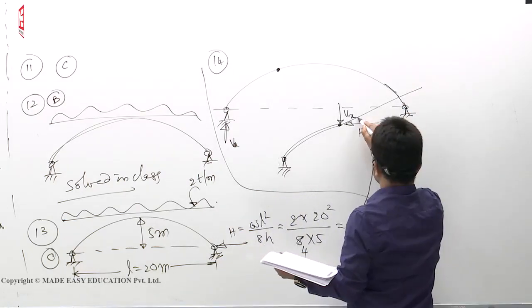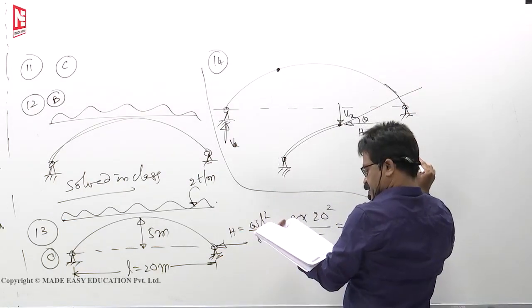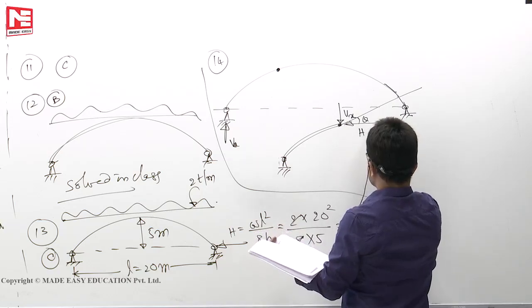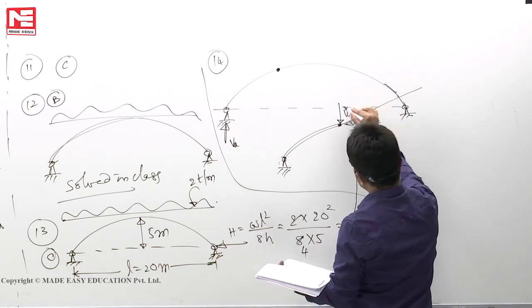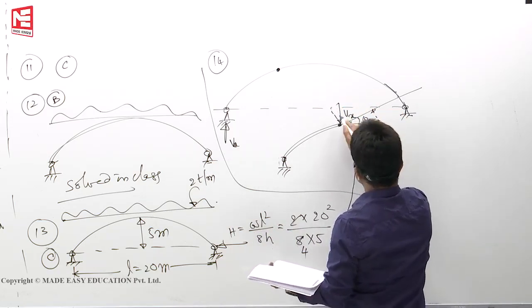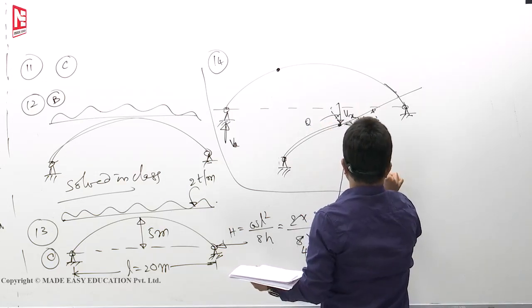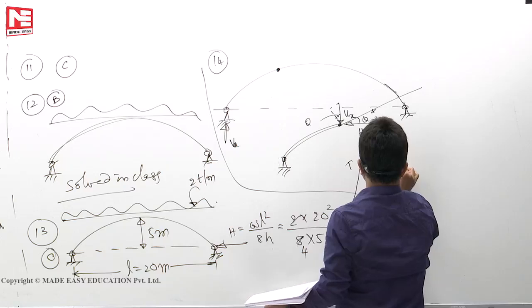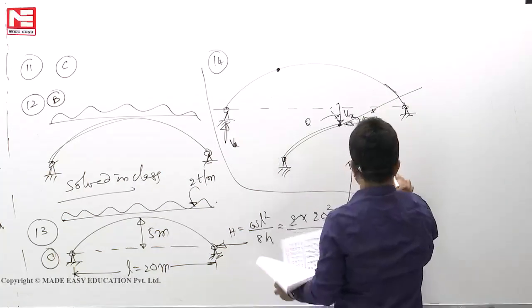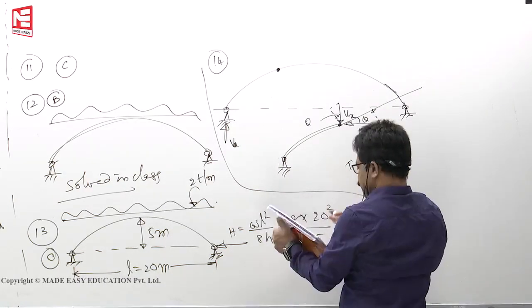Theta also is given. Then the sum of the shearing forces, meaning components like this, you have to take. This is also theta. So shear radial, H sin theta upward, section right side upward. He is asking on the left hand side.